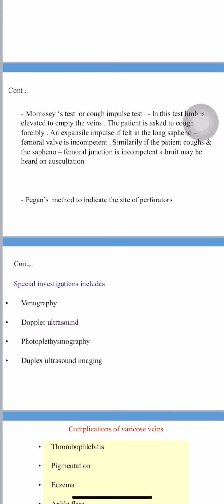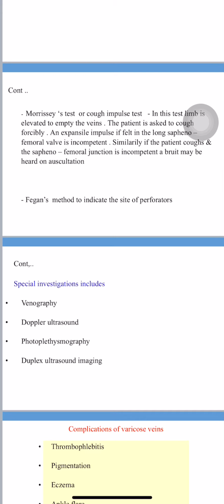Next is Doppler ultrasound, a valuable non-invasive tool which can be used to demonstrate saphenofemoral or saphenopopliteal reflux.